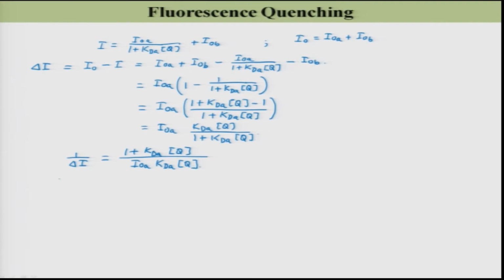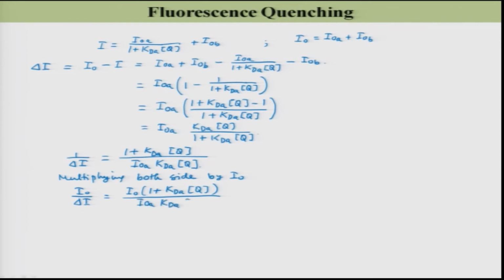Now, I multiply both sides by I 0. I will get I 0 by delta I is equal to I 0 into 1 plus k dA into q divided by I 0 A k dA into q.